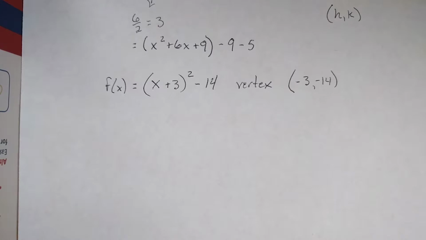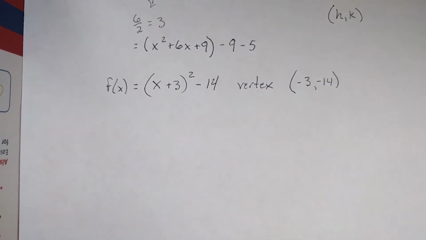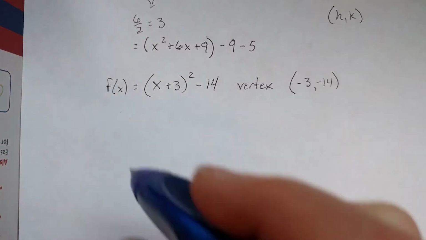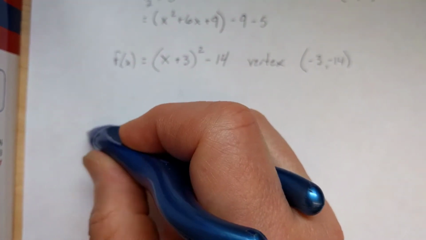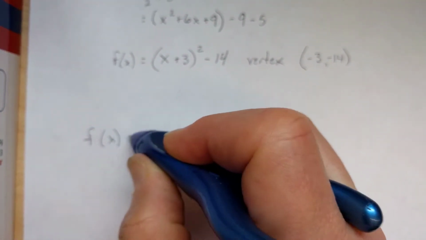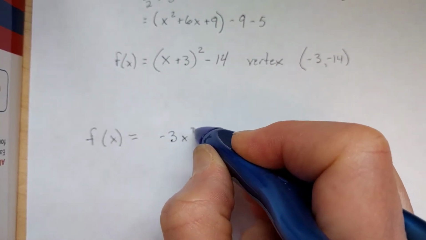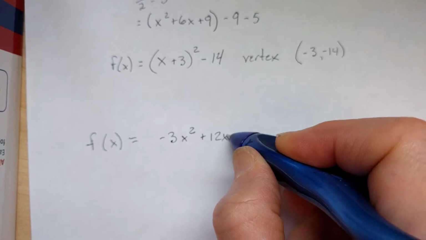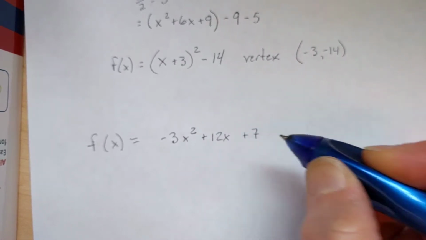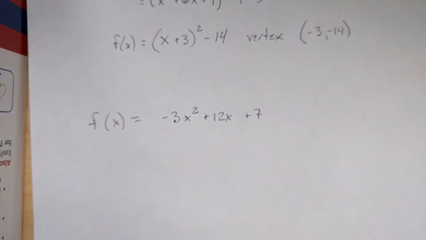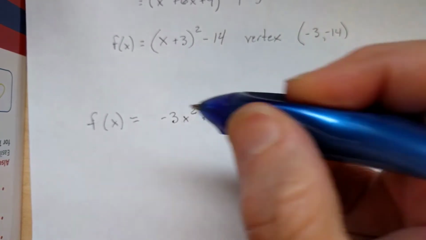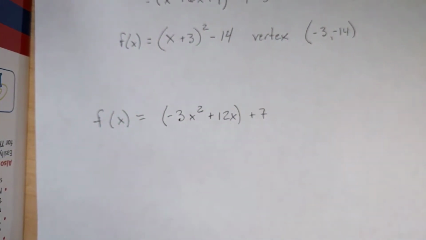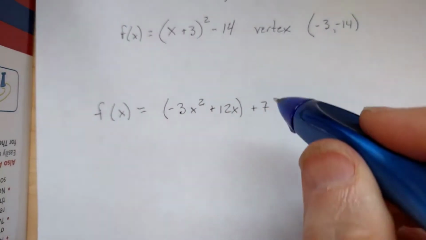Now we're going to write a quadratic equation from standard form to vertex form where a is something other than 1. So let's take f of x equals negative 3x squared plus 12x plus 7. Again, my first step is to group everything with variables together, leave my constant outside of the parentheses.